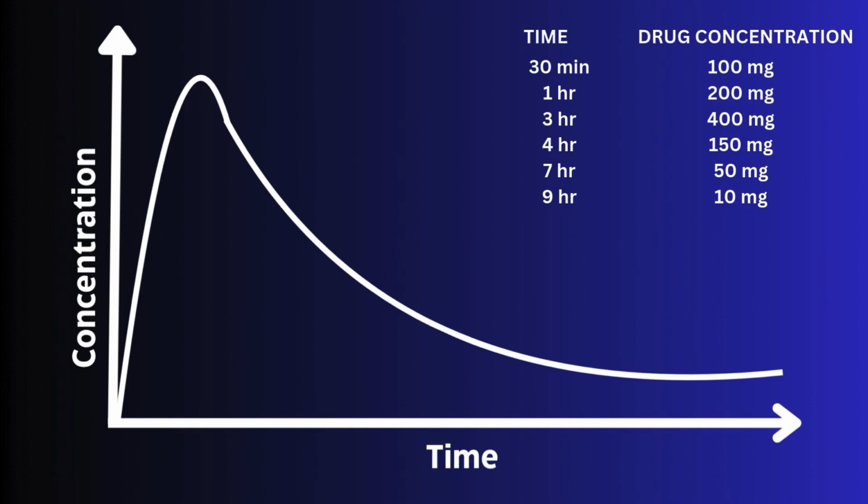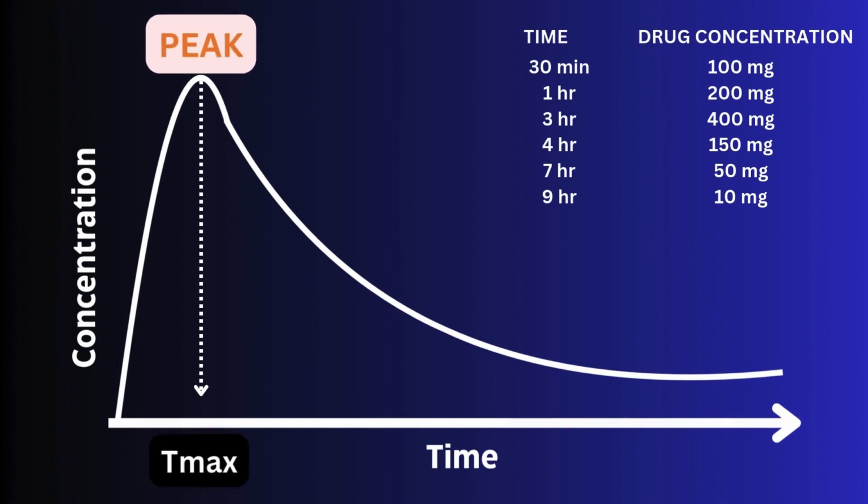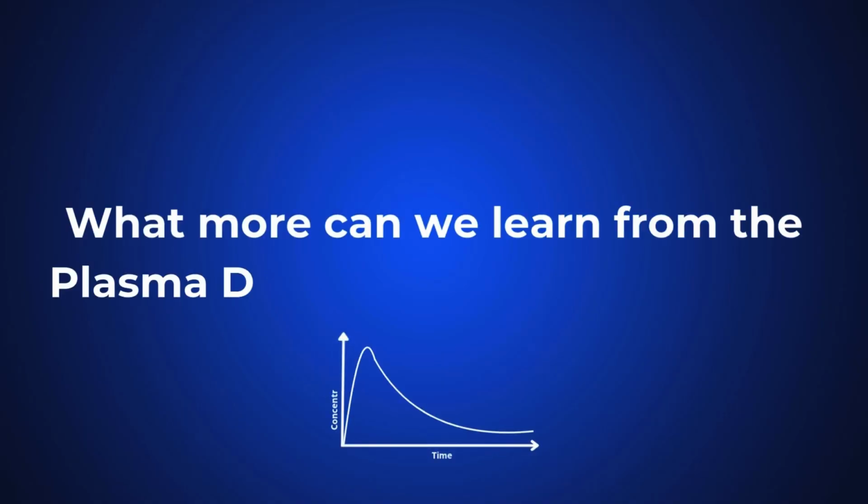The concentration of the drug in the blood gradually increases until it hits its peak, Cmax. The time it takes to reach this peak is the Tmax. Simply look at the x-axis at how much time peak happened. That is simply Tmax. After Tmax, the concentration starts to fall as the body metabolizes and eliminates the drug.